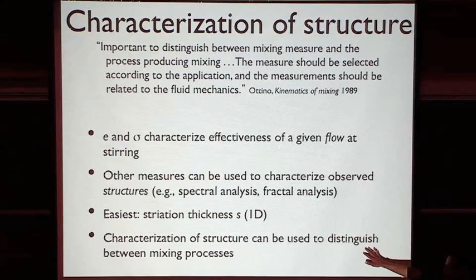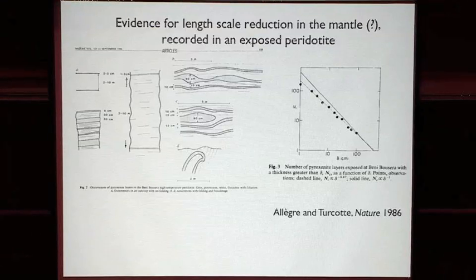So one classic example of interpreting structure in the context of mixing was Allègre and Turcotte, where they suggested that in some exposed high-temperature peridotite massifs, alternating layers of pyroxenite, dark, and lherzolite, white, represent stretched oceanic crust. So it goes into the mantle with a thickness of 3 kilometers. That exponential stretching we talked about gradually reduces length scales so that we can see length scales as small as tens of centimeters.